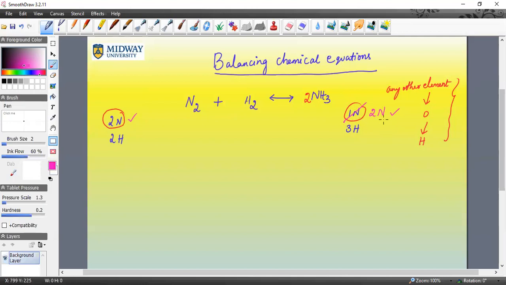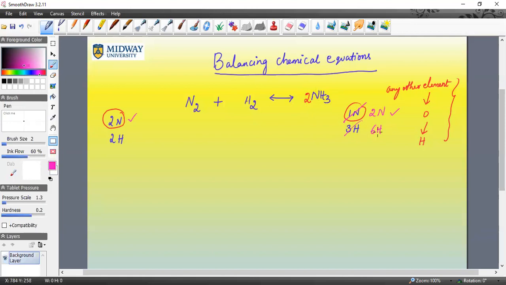So you're finished with the nitrogens now. If you notice in the process, when you add a 2 in the front, it's not just for the nitrogen, it's for the entire molecule. Now you've got to multiply the 2 into the 3. So instead of having 3 hydrogens, now you have 6 hydrogens to work with. Now you have 2 here.